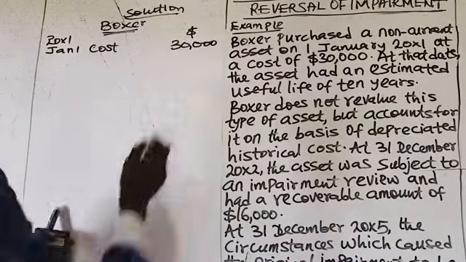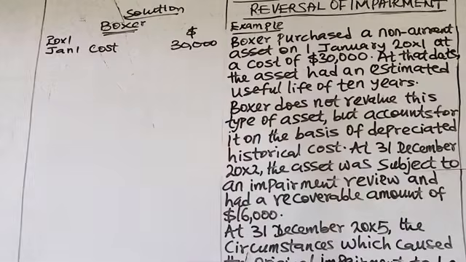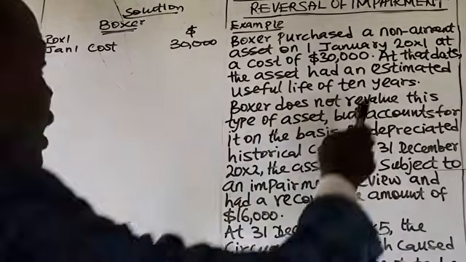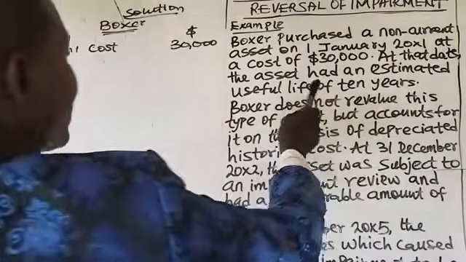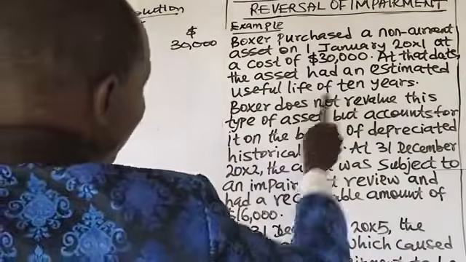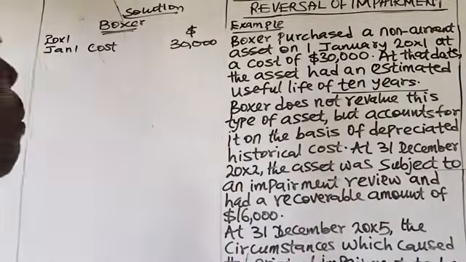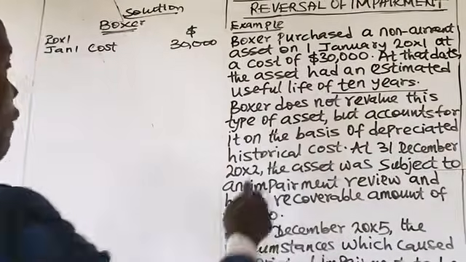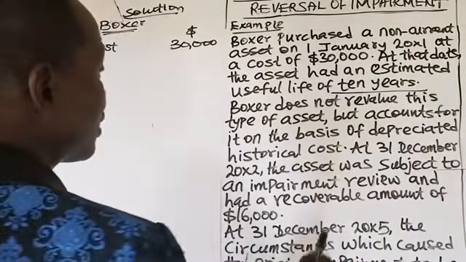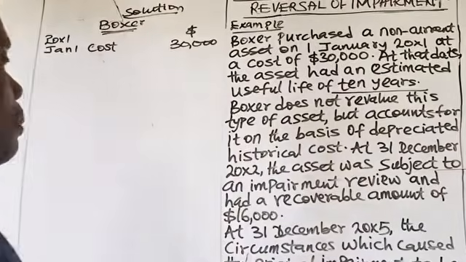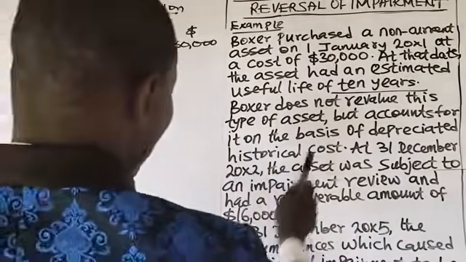The cost of acquisition is $30,000. At that date, the asset had an estimated useful life of 10 years. The estimated useful life of the asset is 10 years. Buster does not revalue this type of asset, but accounts for it on the basis of depreciated historical cost.